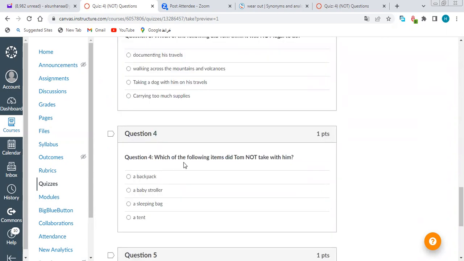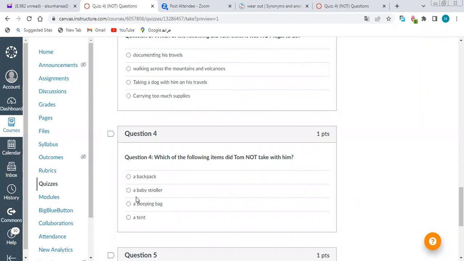Question 4. Which of the following items did Tom not take with him? I want you to tell me, what didn't he take with him? Backpack, baby stroller, عربة الأطفال, sleeping bag, or tent, خيمة.